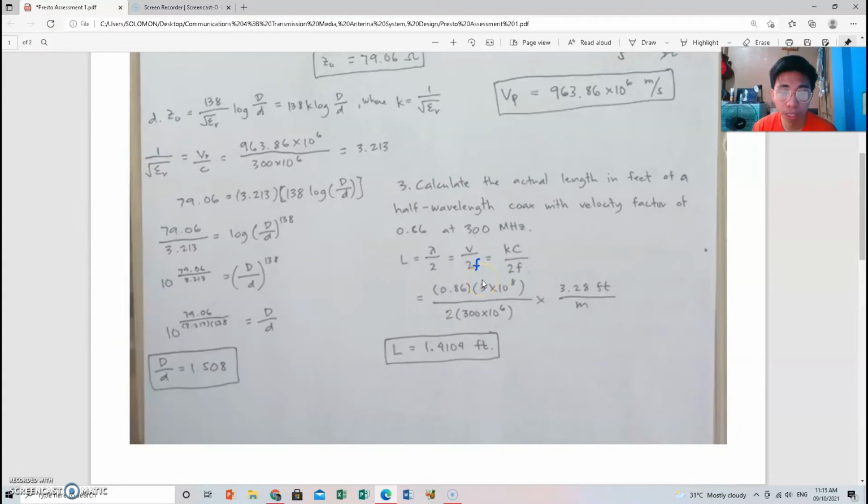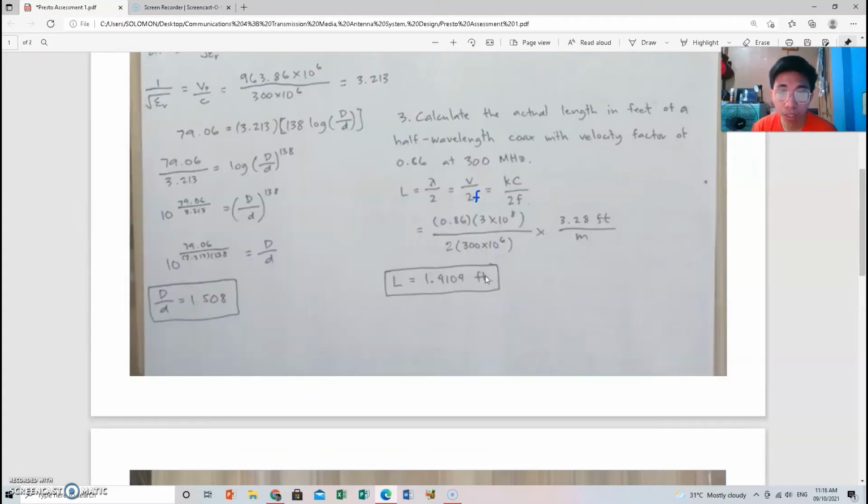So just simply input the given values. We have k as 0.86, the velocity factor, multiplied by the speed of light, 3 times 10 to the power of 8, all over 2 times the frequency of 300 megahertz, that is 300 times 10 to the power of 6.